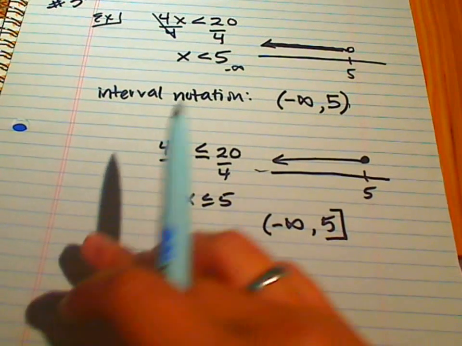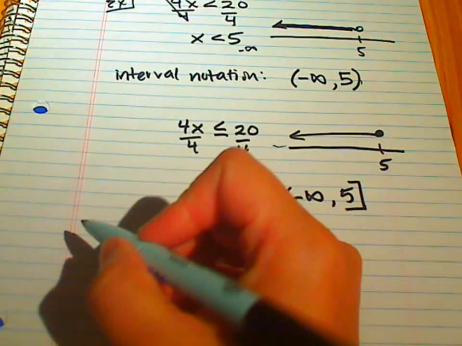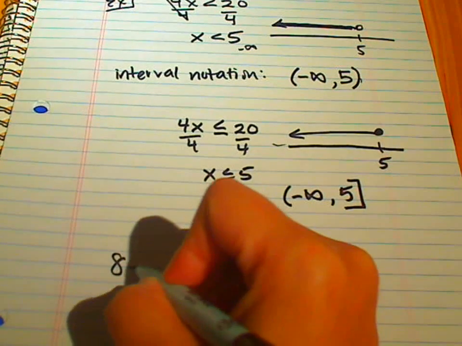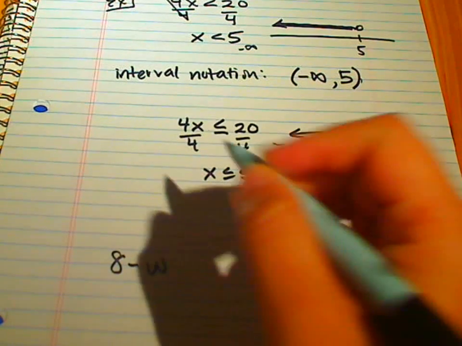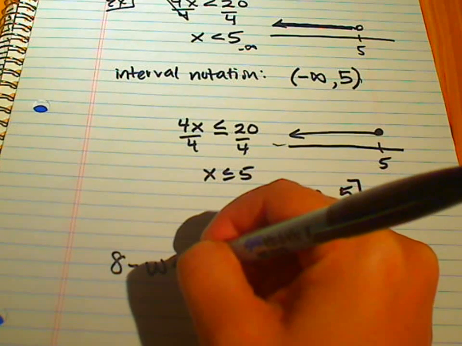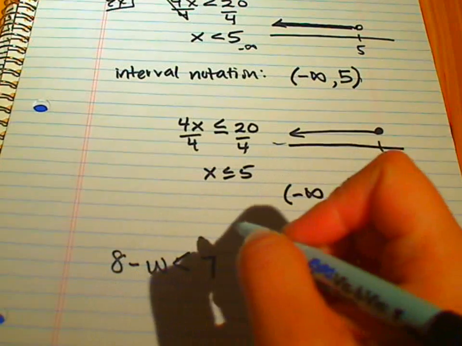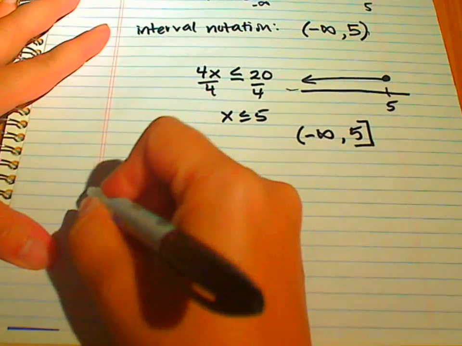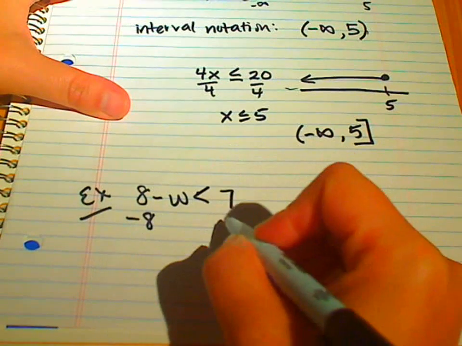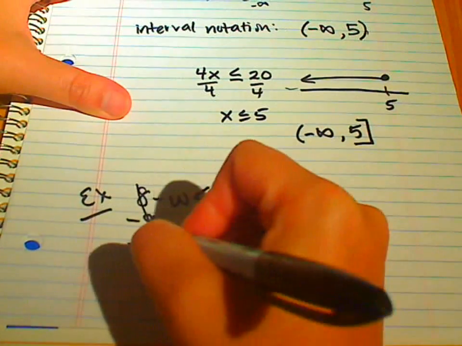Now, something like number 4, you have to watch out for. So if you have 8 minus w is less than 7. One thing I'm going to warn you to watch out for, because I see this over and over with my own students. I subtract 8, subtract 8.